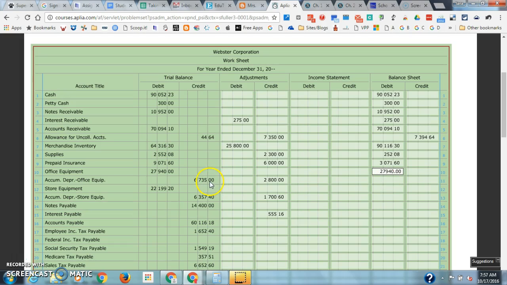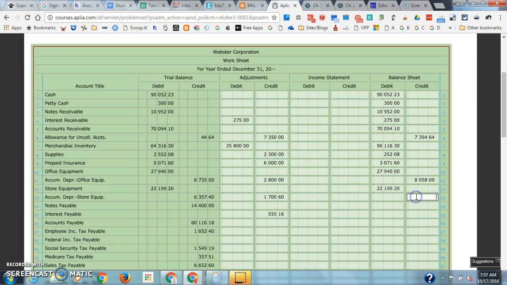Accumulated depreciation, we'll add them. It'll be a credit, $8,058. And store equipment is a debit, $22,199.20.